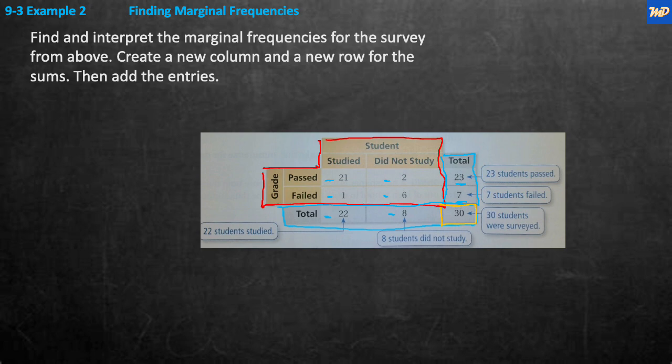How many students passed, how many failed, how many studied, how many didn't study, how many students were surveyed completely, okay? You can get that information. And the data in these new total rows and columns, those are your marginal frequencies. Right up here, marginal frequencies for the study, okay?